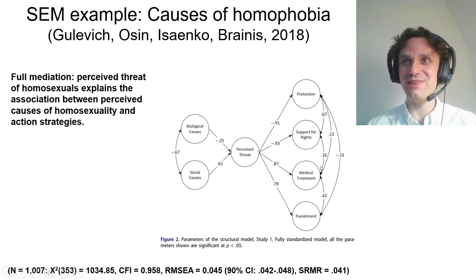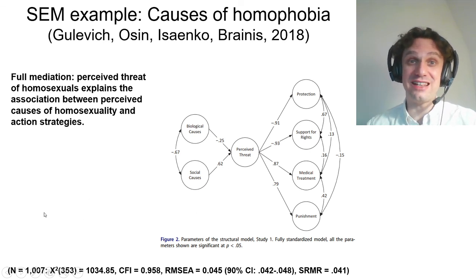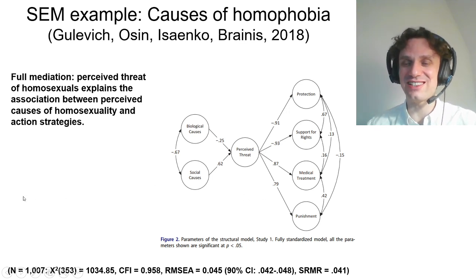And this is completely mediated by this perceived threat of homosexual people. And this model fits the data well, but obviously you can place this in a different sequence because it's a cross-sectional study.